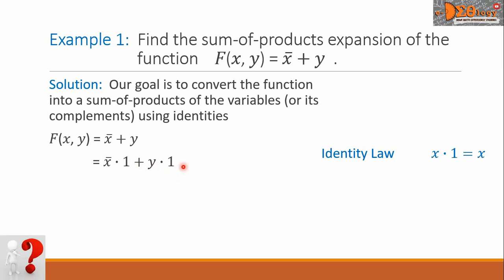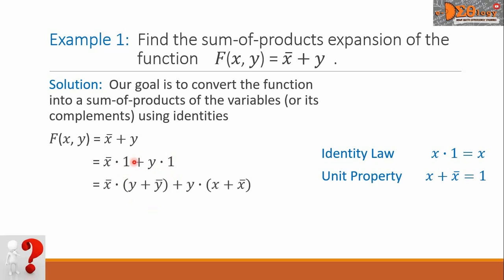We're going to replace the number 1 by an expression equivalent to 1 with a variable x. So for the first product, the number 1 is now replaced by y plus y bar. For the second product, the number 1 is replaced by x plus x bar. This idea is coming from the unit property that says x plus x bar equals 1.